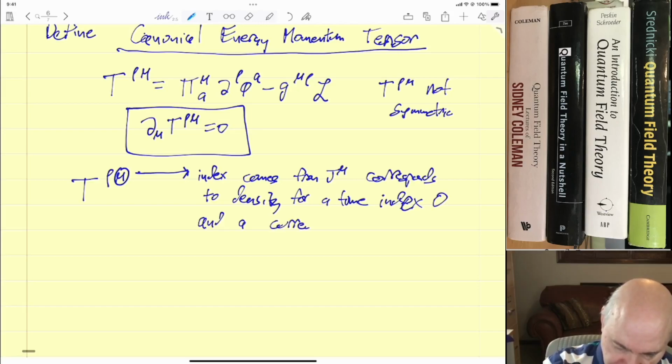Remember, think electromagnetism, the zero component is the charge density rho, so that's a density, and the i components are the flow of current, current density, current for a spatial index such as i.